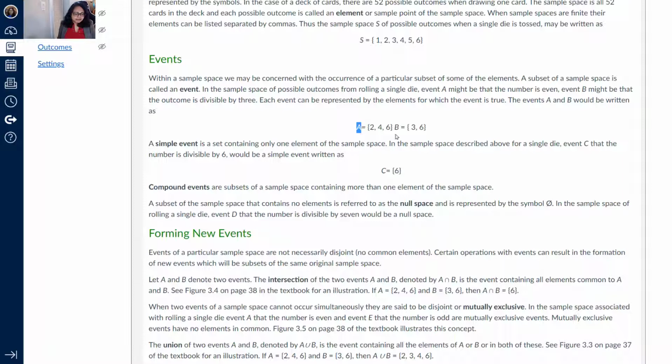Then what will be included in that event? Let's say all the even numbers will be there, and all the odd numbers, or maybe some of the odd numbers, will be in another event. We always name these with capital letters. So you can say A, B, C, or D, but S would be used only for the sample space.